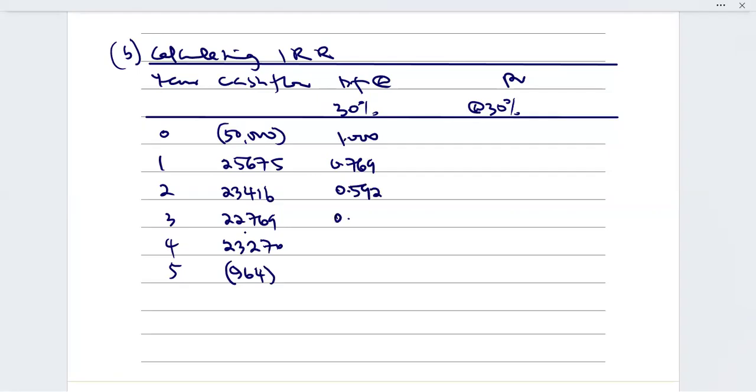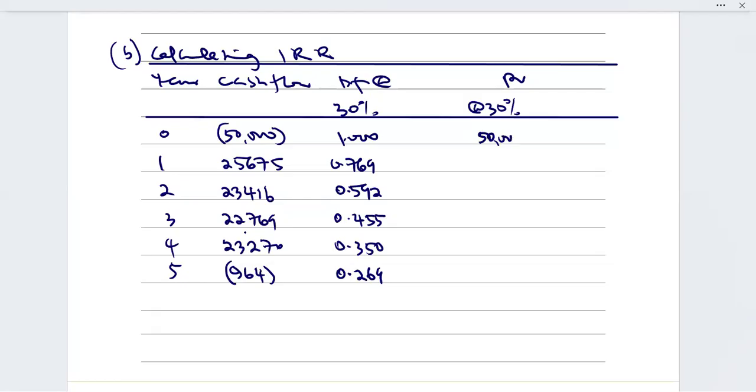Year 3, 0.455. Year 4, 0.350. Year 5, 0.269. So let's multiply to get the present value.